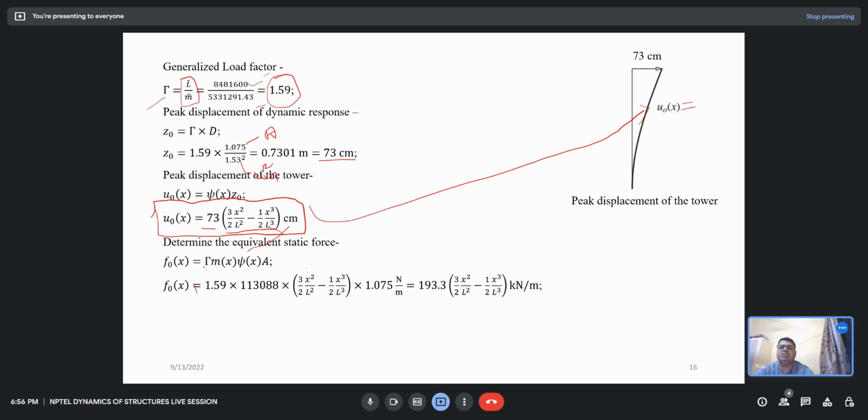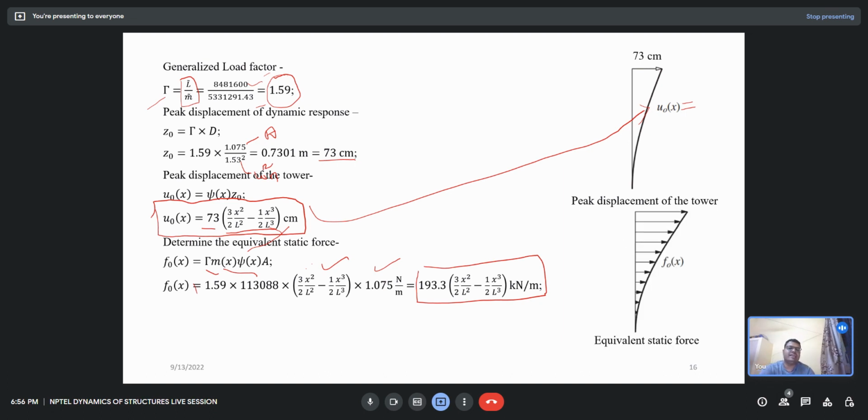Gamma is 1.59, mass is 113088, this is my shape function, and this is acceleration. So this is the expression for the equivalent static force. Now you can calculate the equivalent static force at any location, from top to bottom.